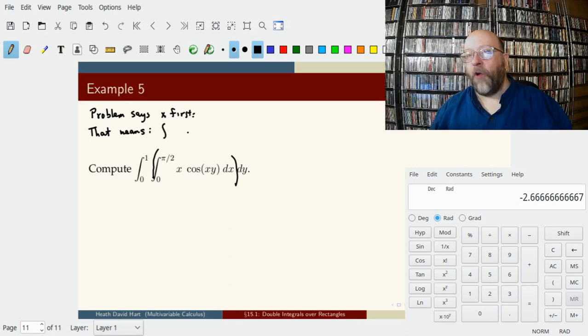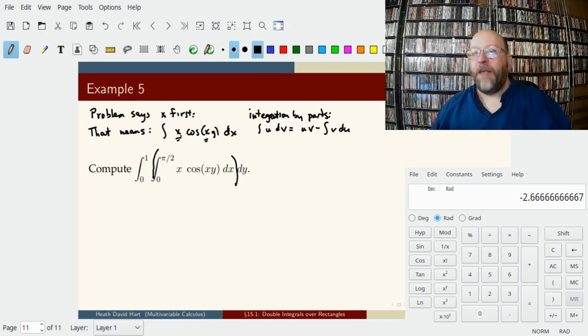That means that we have to integrate x cosine xy with respect to x. And I have an x here and an x here. We can do that, but we have to use integration by parts. Integration by parts, maybe you remember, is that the integral of u dv is u times v minus the integral of v du.